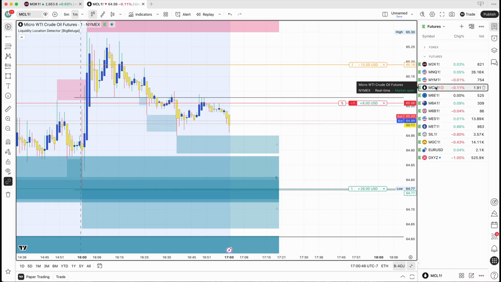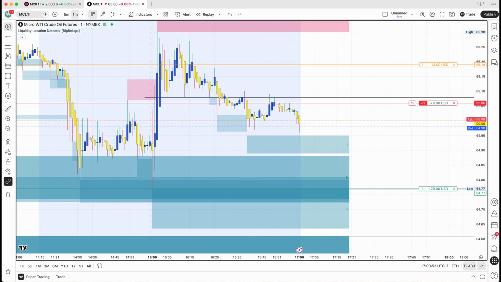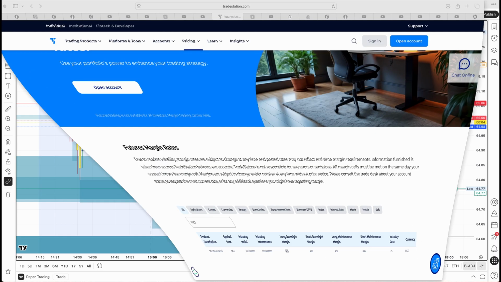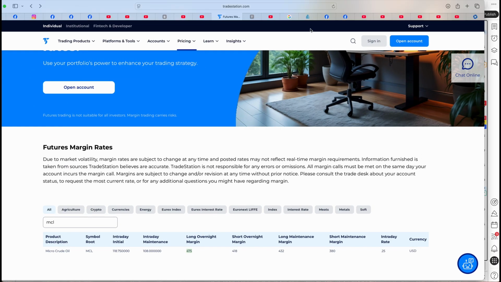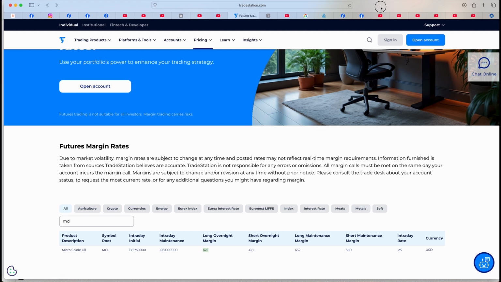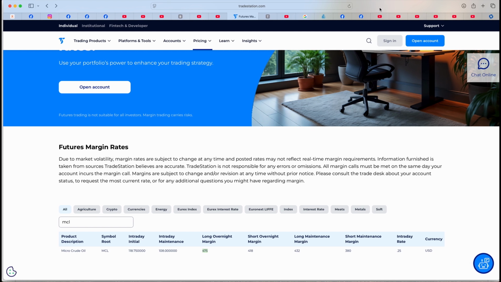I also want to point out that you don't need a lot of margin to trade micro crude oil. If you want to trade in the current session, then you need about $475 of margin. If you want to trade in the New York session, you need $119. Just wanted to point that out to you.